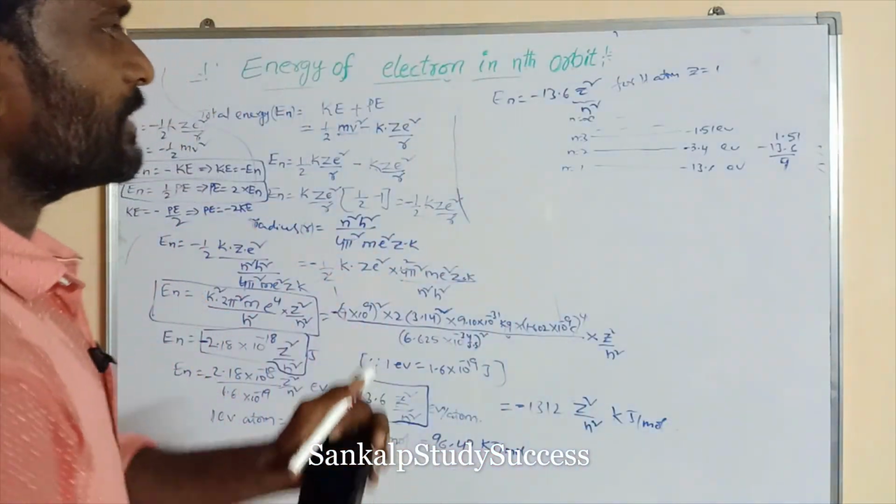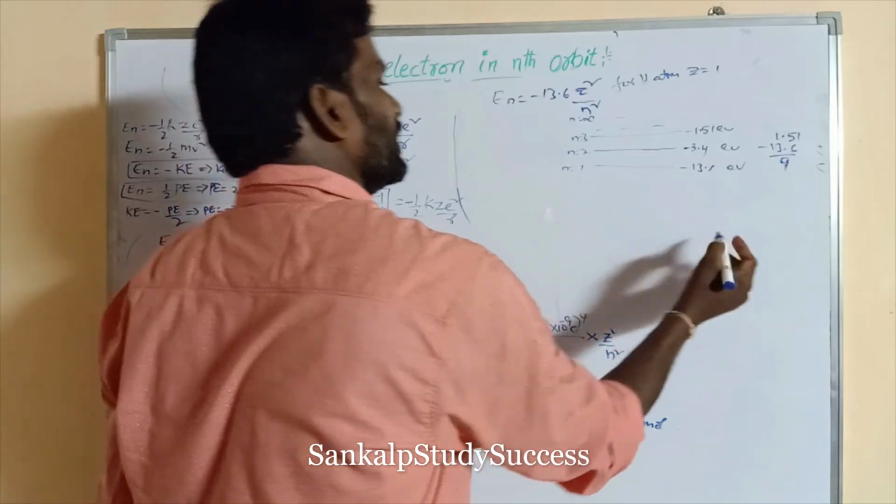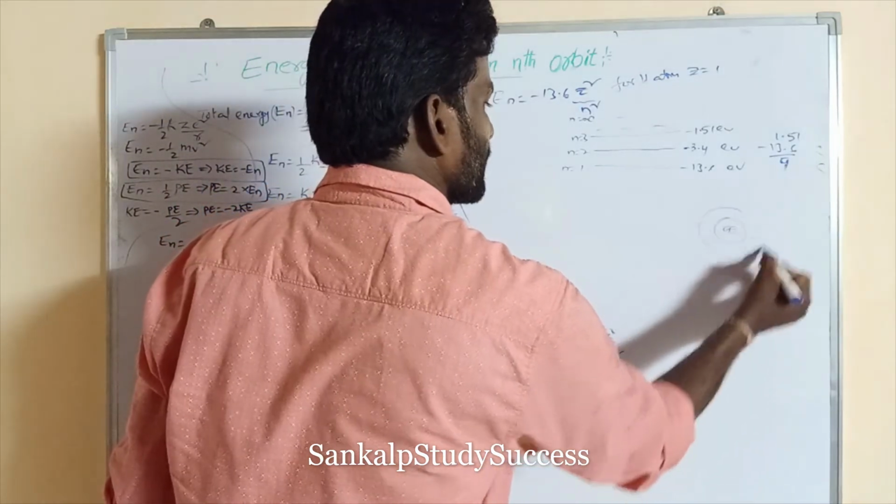So if the n value increases, n is equal to 1, 2, 3, this is the nucleus.